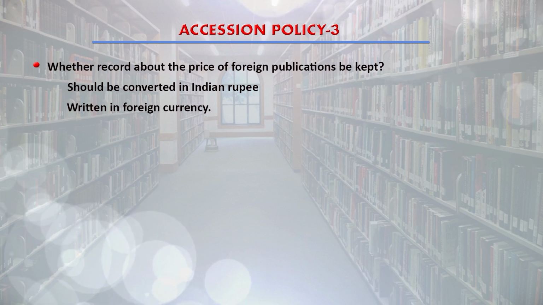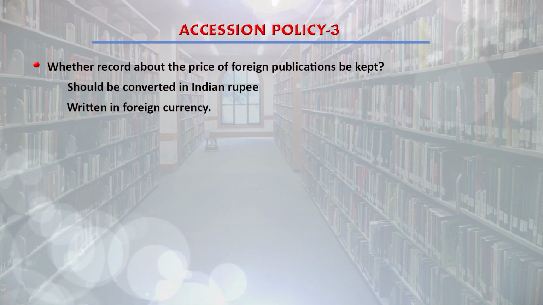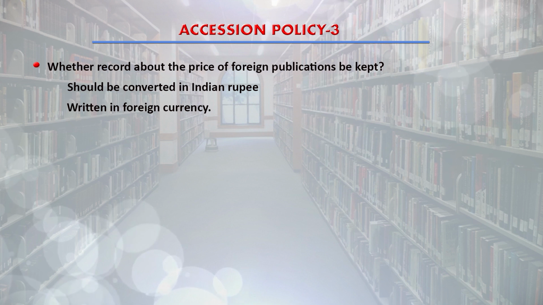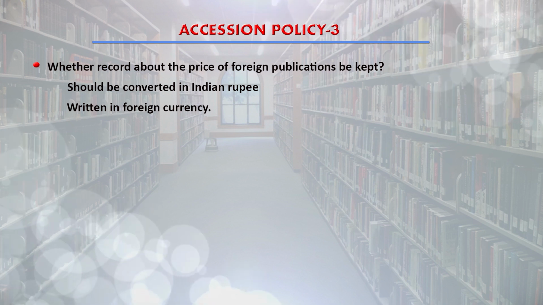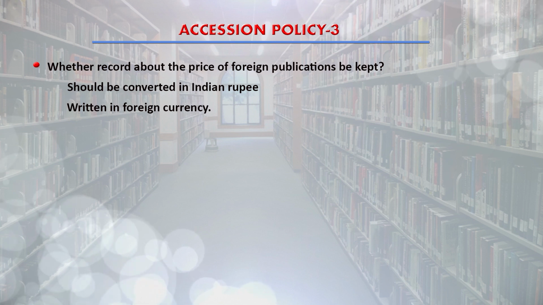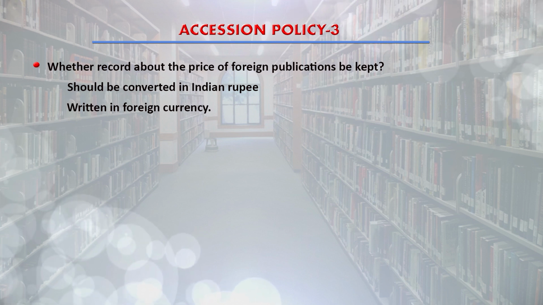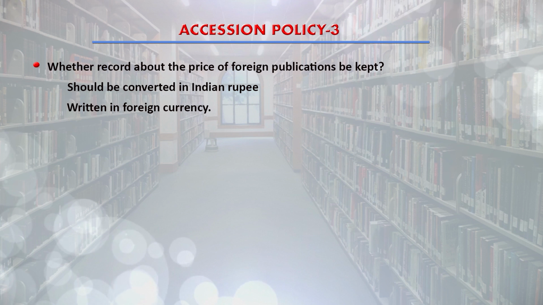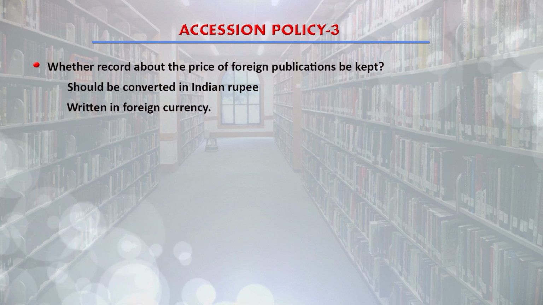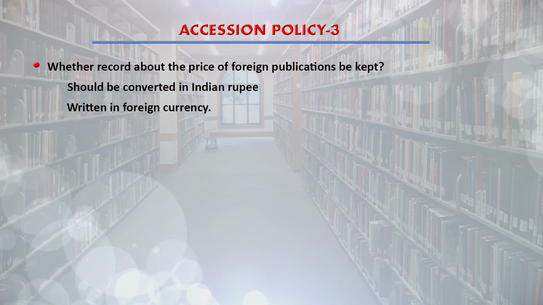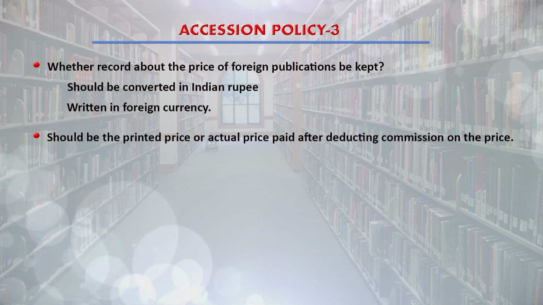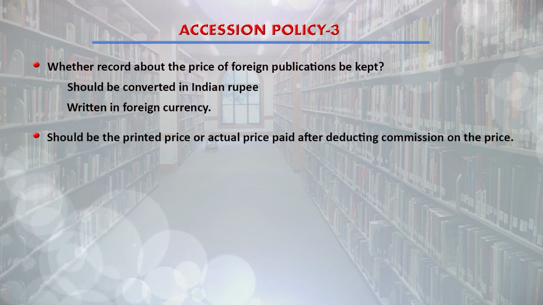So if you are putting the price of every book against the accession number, you have to give the rupee converted value also, but then you have to give the exchange rate as well.